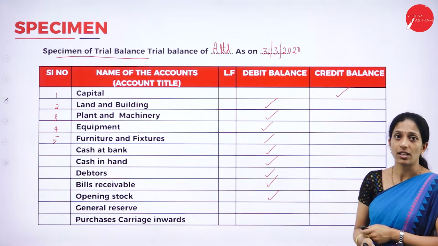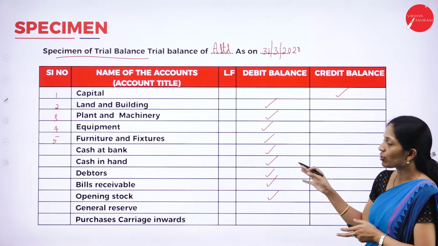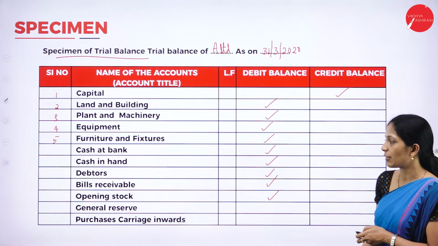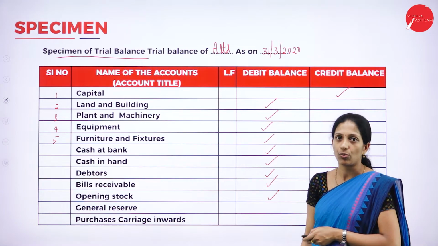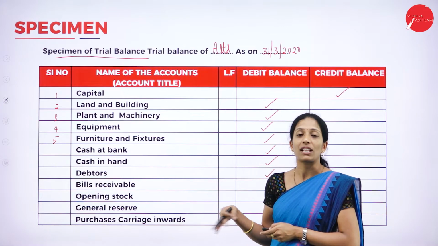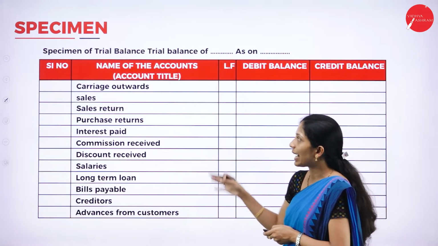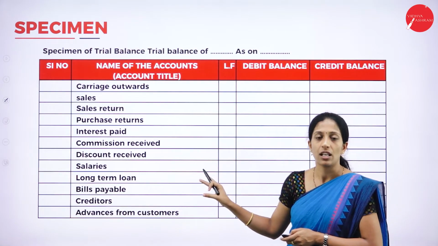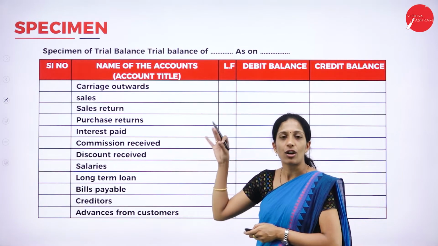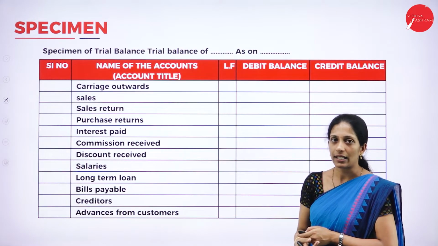So, what is this general reserve? We will record it in the liability side of the balance sheet. So, we have to see whether it is a debit or credit balance. Purchase, carriage inward. Like that, individual accounts have to be seen to decide where we have to record. In the same way, for all the items, this is just a specimen: all the expenses will be recorded in the debit balance and all the incomes will be recorded in the credit balance.